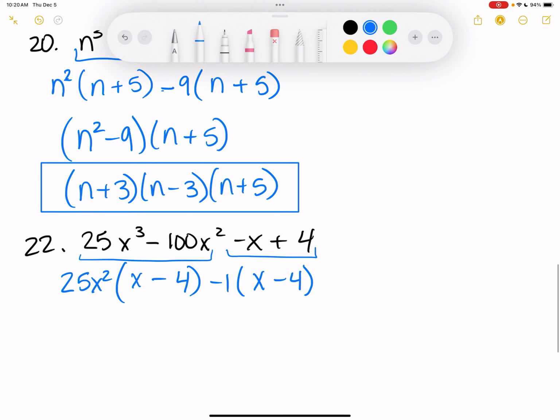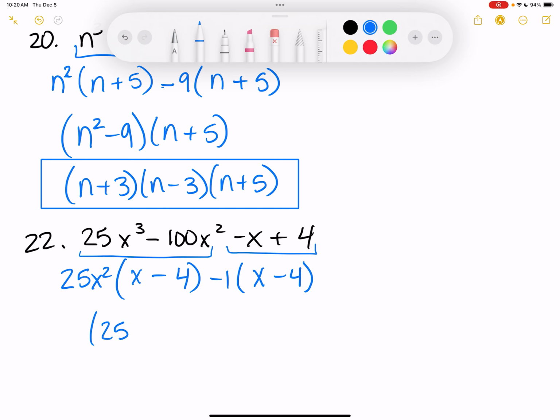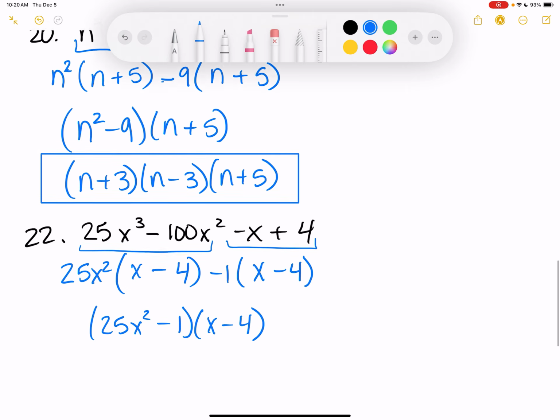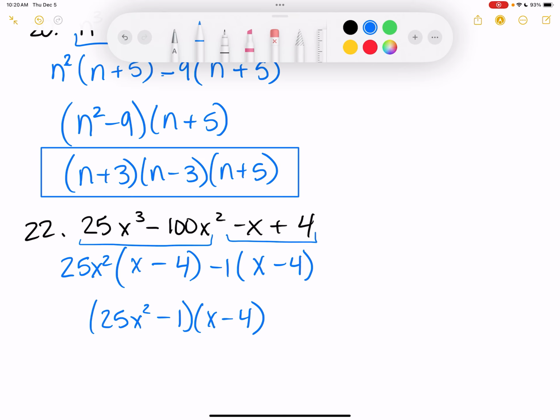So now I have 25x squared minus 1 times x minus 4. Am I done? No. What do I need to do? It's just like the last one, the difference of squares. 5 squared is 25, so that's like 5x squared minus 1 squared.